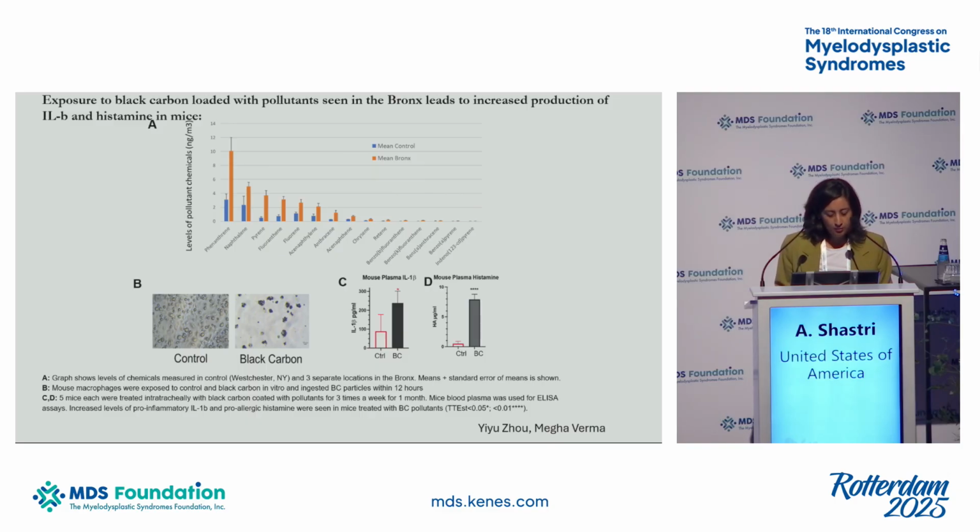And when we modeled exposure in vivo to mice, mouse macrophages, as you can see in B, had higher black carbon compared to controls. And this triggers a robust inflammation in the mice, with figure C showing IL-1 beta and plasma histamine levels being elevated.